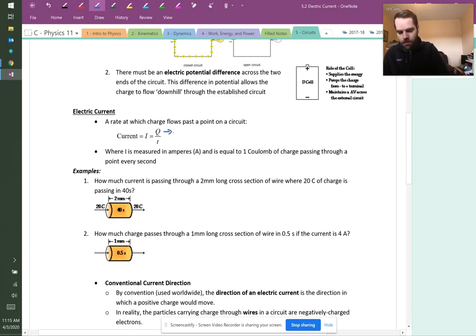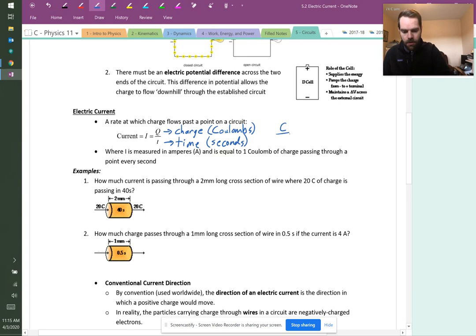Remember, Q is charge. I think maybe in the last section we used little q when I was talking about charge. Big Q, charge, has units of coulombs, per unit time, and time is in seconds.